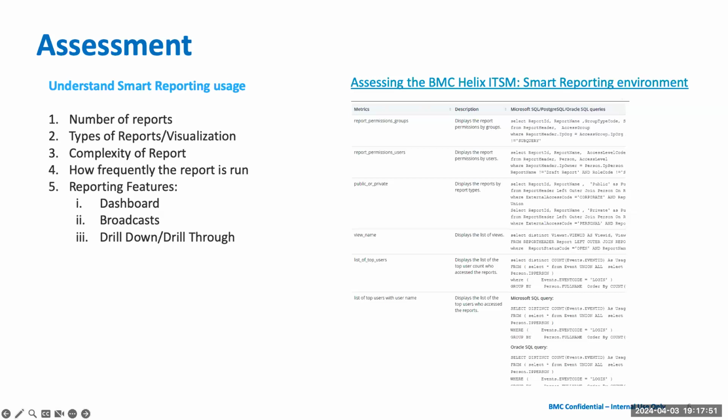But like we discussed in the previous slides, what we are really looking for is some of these key features, including the total number of reports that you have, and the type of reports or visualizations. So whether they are co-displays or standalone reports, what type of visualizations they are using, and whether those visualizations are supported by the conversion tool or not. Then the complexity of the report, since different types of reports will have different factors.